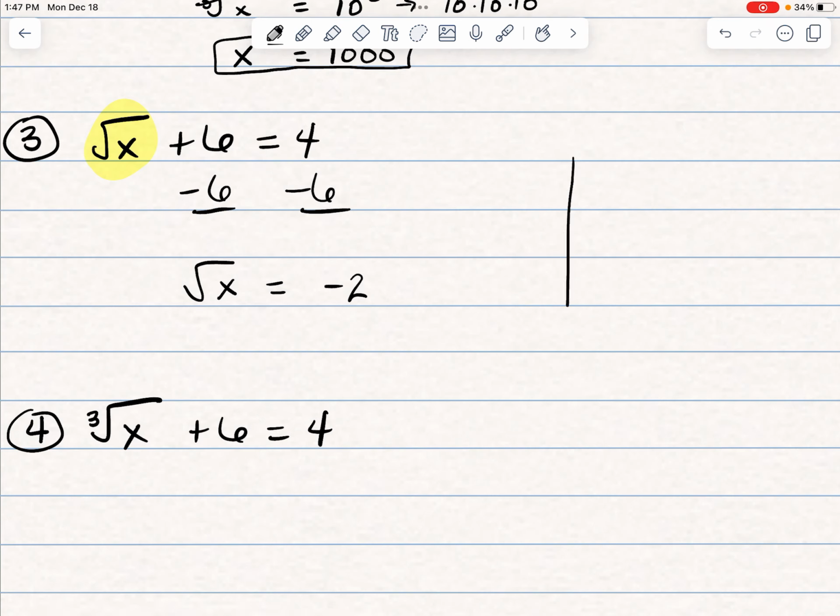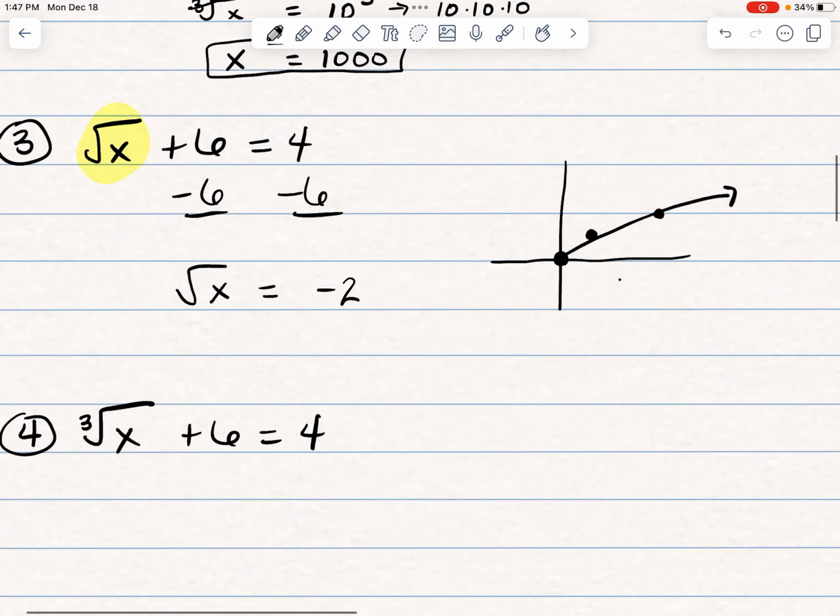If we remember back to our graph of the square root of x, this parent function, remember, it started at (0, 0), and then it went to (1, 1), (4, 2), and so on. And if you remember our domain for this, which are the x values that this could be, they started at 0 and they went to positive infinity.